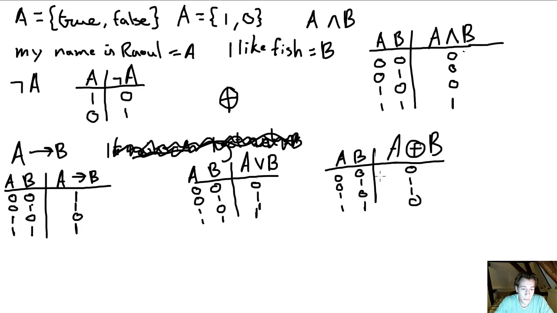It's only true if one of these is true. Not when both are true and not when both are false. So it's not a hard one. I think this one is a bit more intuitive than this one, but you'll get used to both. This one is used a bit more. Well, the XOR is used a lot in cryptography, but not about that.